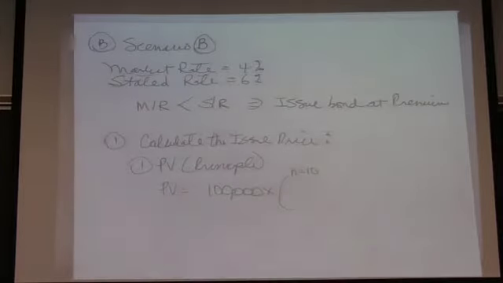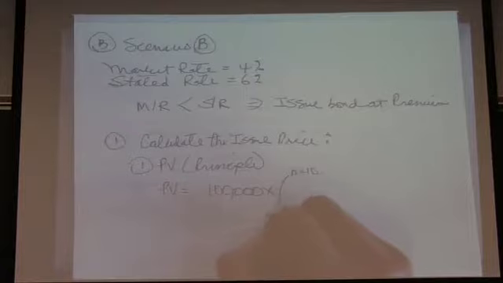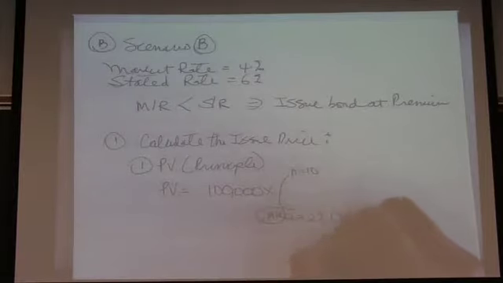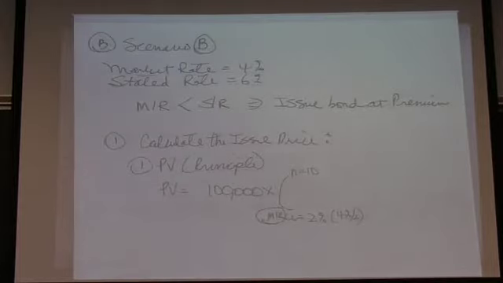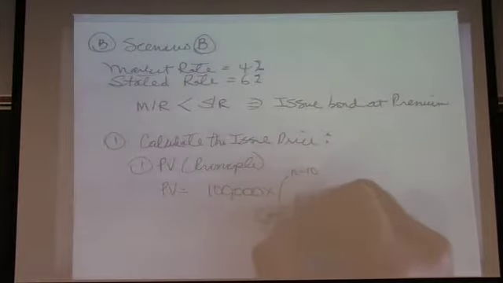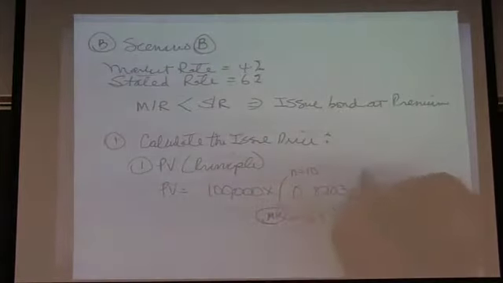And the market rate in this case, because we're always using the market rate when we present value, will now be 2%, which is 4 divided by 2. So we're looking for that, and again, we're going to use the same table, and you already know how to use the table. The factor is 0.8203, and that will give us 82,030.